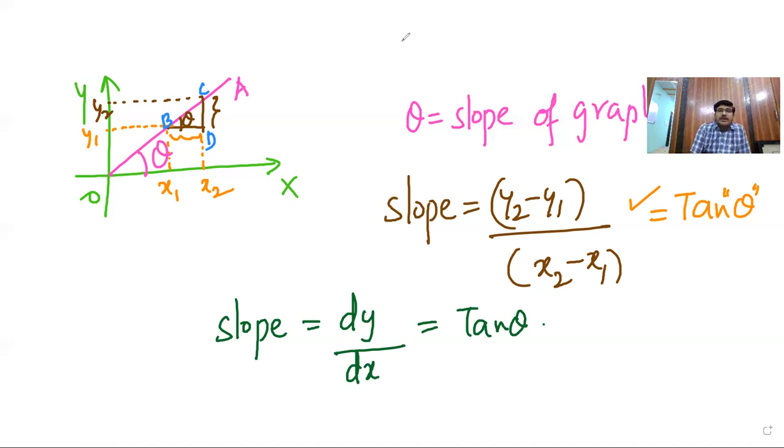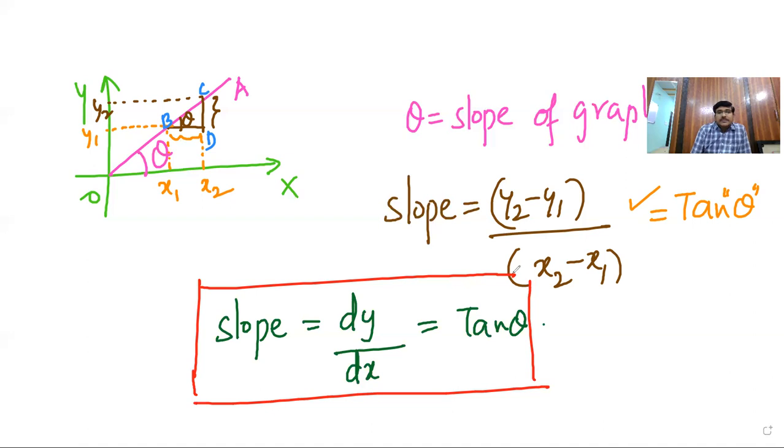This is the formula: dy by dx, change in y coordinates divided by change in x coordinates. The same formula I am applying to the displacement versus time graph.